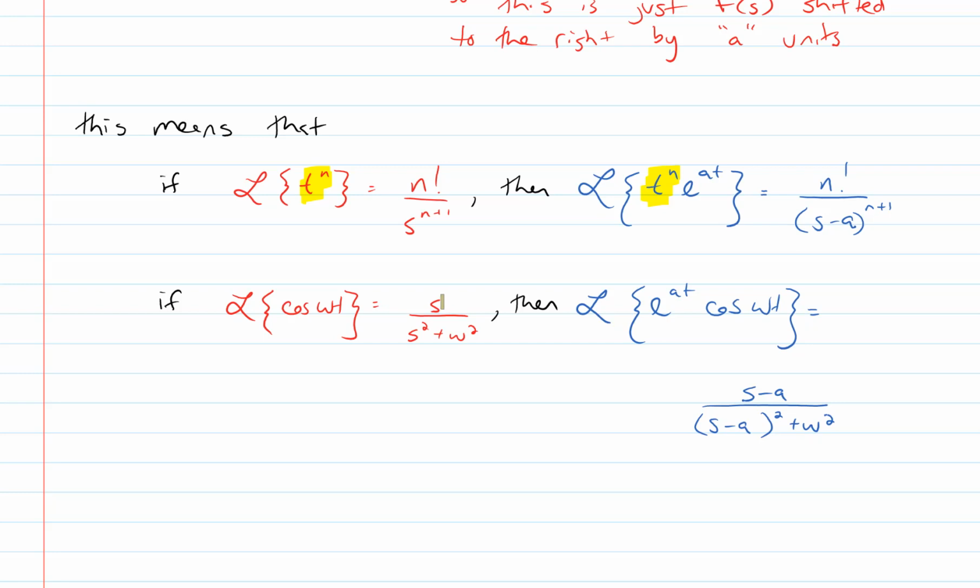And so where we had s and s squared in the original Laplace transform, we now have s minus a in the numerator and s minus a squared in the denominator.